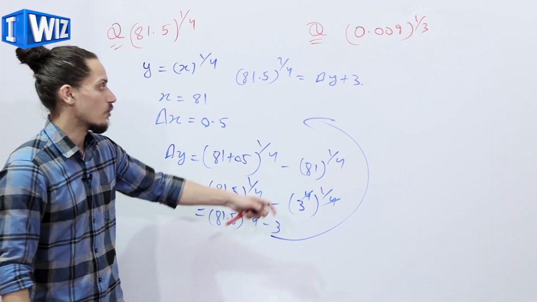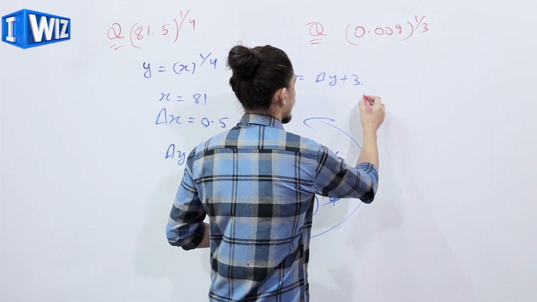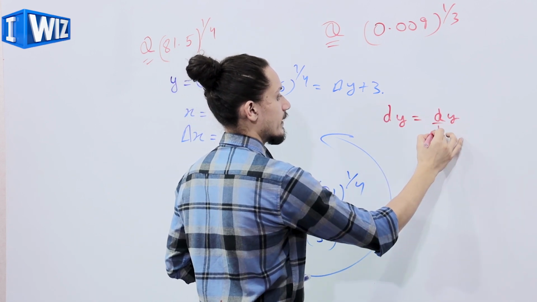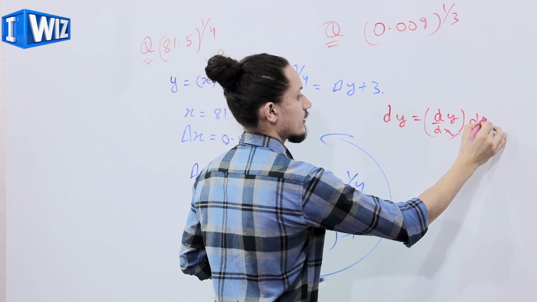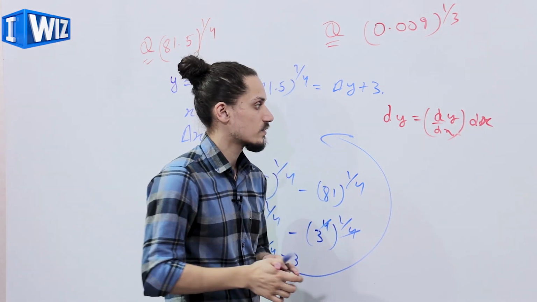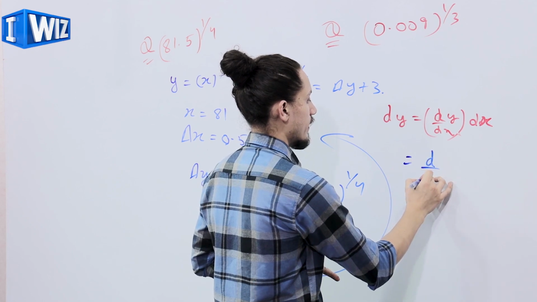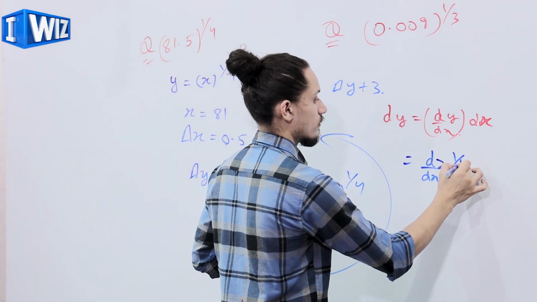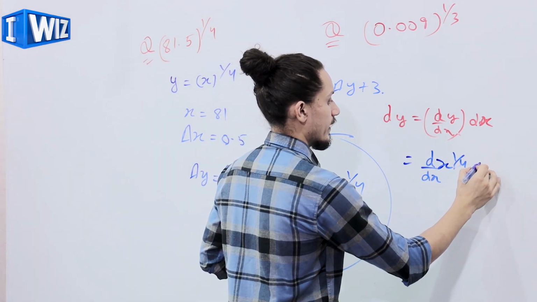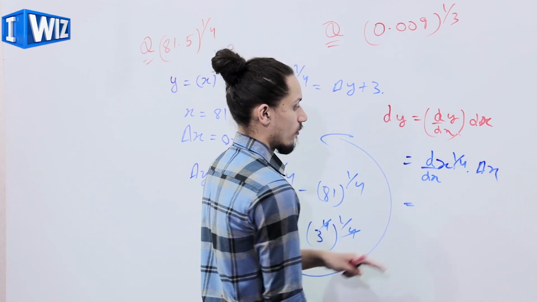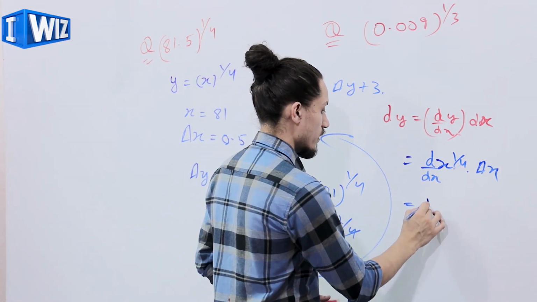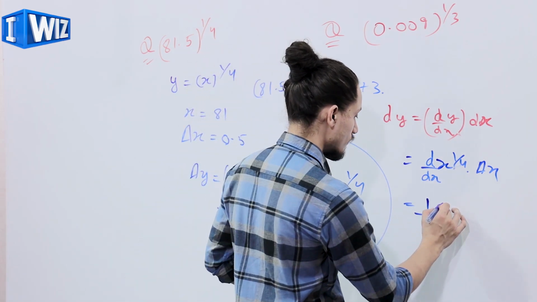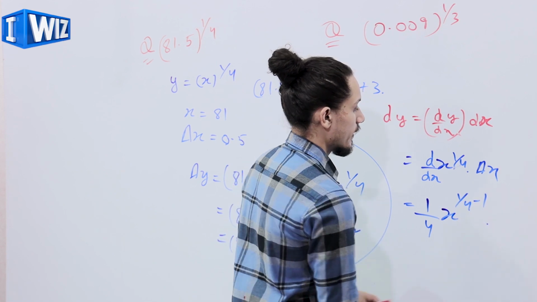Okay, now we need to find the value of delta y. So we know dy is equal to dy by dx into dx, and the value of dx is equal to delta x. So we get d by dx of y, which is x raised to power 1 by 4, into dx, that is delta x, which is equal to, now what will be the differentiation of x raised to power 1 by 4, 1 by 4 x raised to power 1 by 4 minus 1, into delta x.